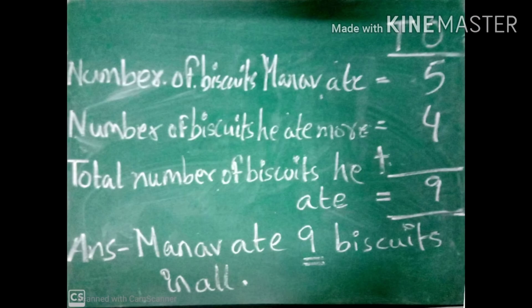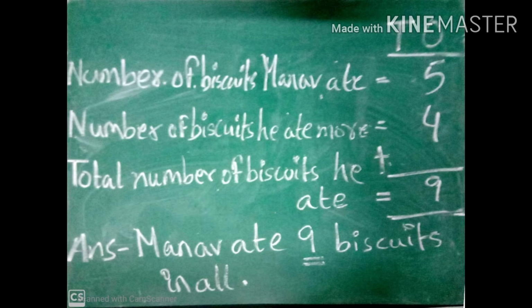Again, tens and ones. The first statement is number of biscuits Manav ate equals to 5. So 5 will be under the ones column. Statement number 2.